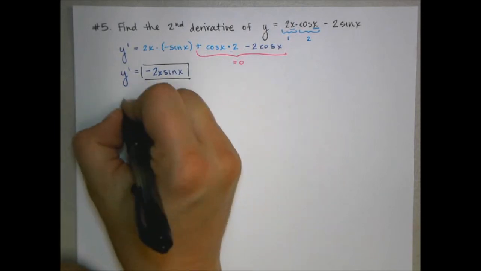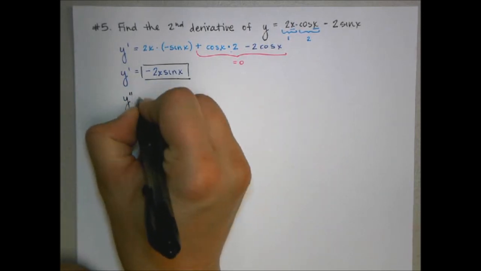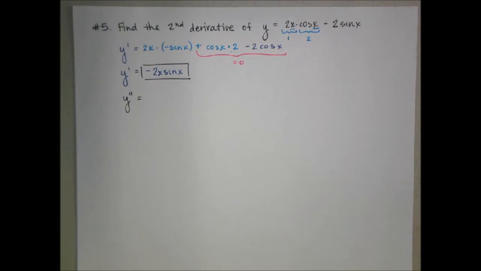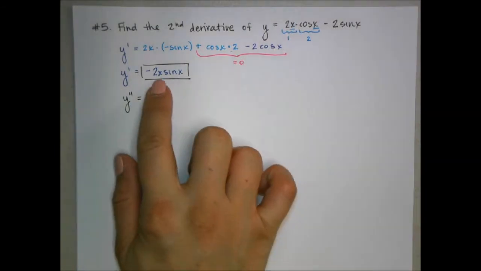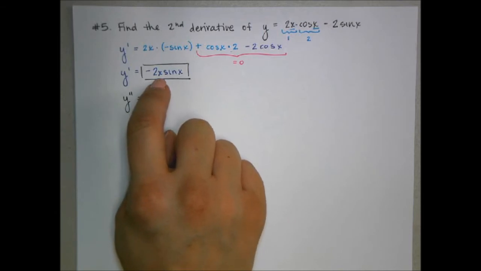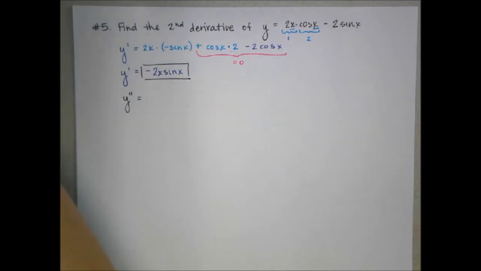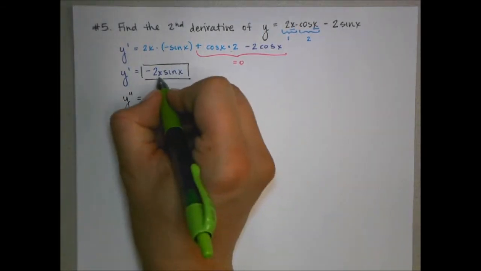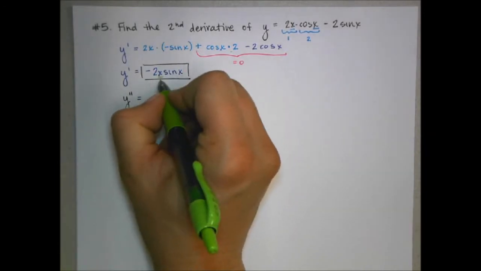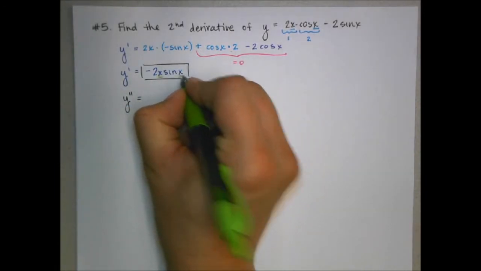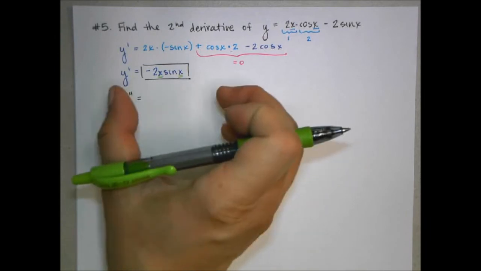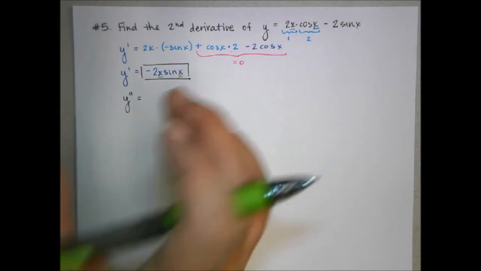So y double prime. Now, to take the derivative again, remember, we have 2 variables here, negative 2x and a sine x. And they're trying to multiply each other, negative 2x times sine x. Since I cannot multiply the two terms together first, that means I have to use the product rule.